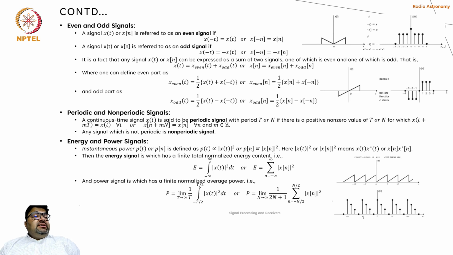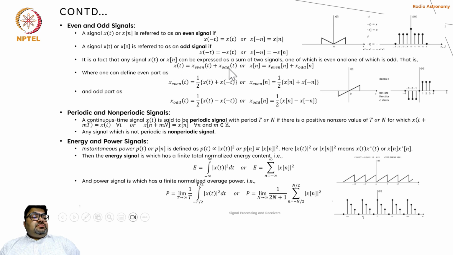Even and odd signals. Signal x(t) or x(n) is referred to as an even signal if x(-t) is equal to x(t), or x(-n) is equal to x(n). A signal is referred to as odd if x(-t) is equal to minus x(t) and x(-n) is equal to minus x(n). It is a fact that any signal x(t) or x(n) can be expressed as a sum of two signals, one of which is even and one of which is odd.